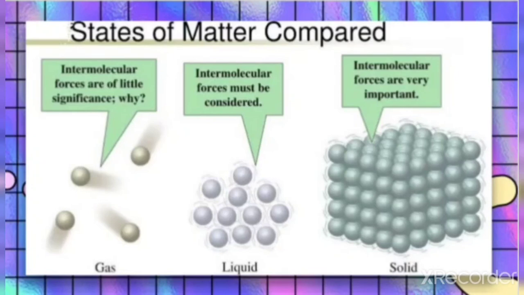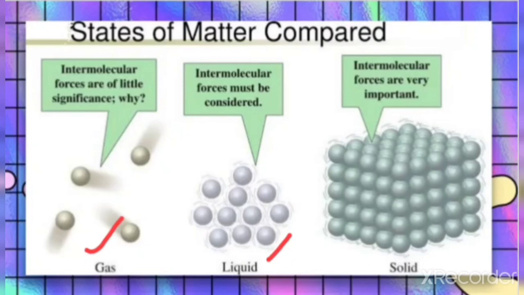Because of these intermolecular forces, the state of matter is decided. If there are weak intermolecular forces, that type of matter is called gases. When the intermolecular force of interaction between the molecules is intermediate, that state of matter is called liquid.